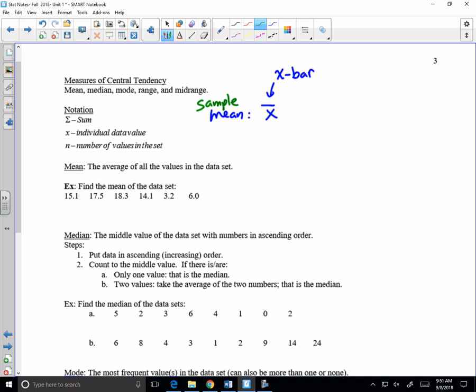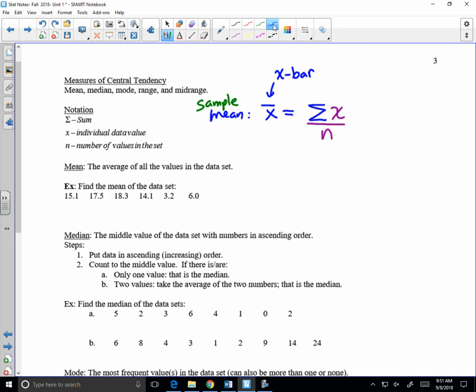All right. So we have X bar equal to the sum, that's what this guy means, of all the X values divided by whatever the n value is. All right.